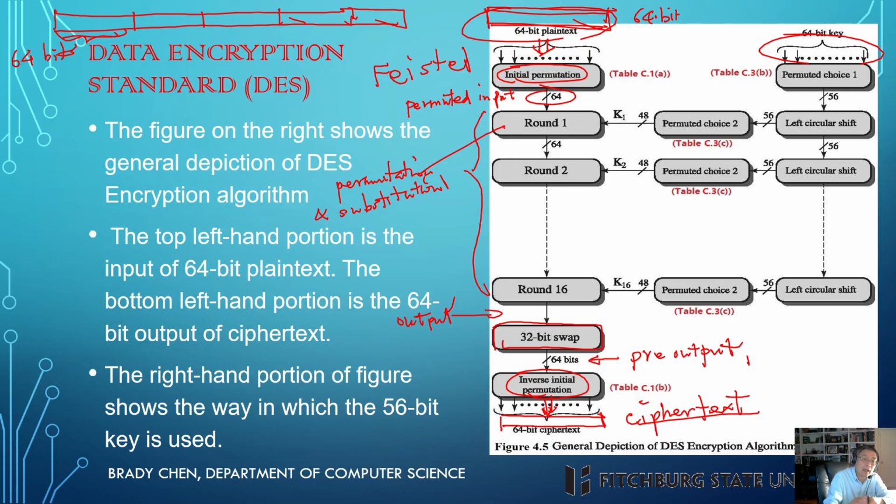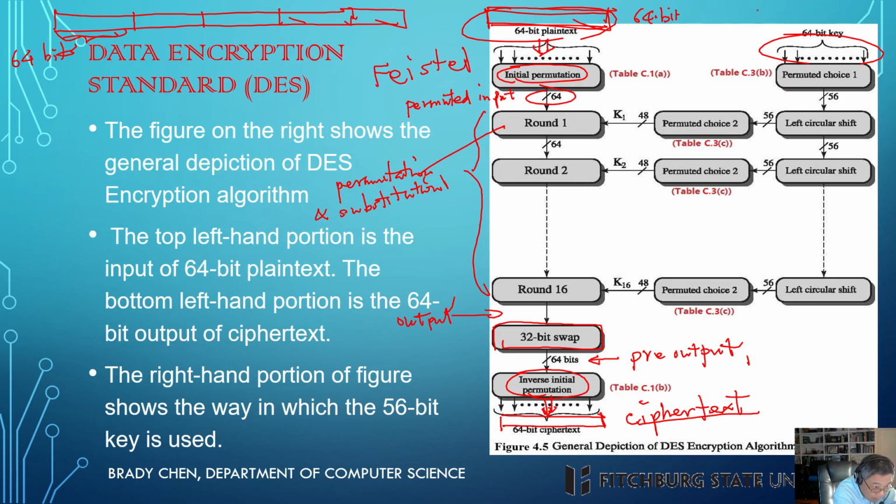Now the right-hand side is the key. On the right-hand side of the diagram, the 64-bit key is reduced to 56 bits through a process called permuted choice 1.